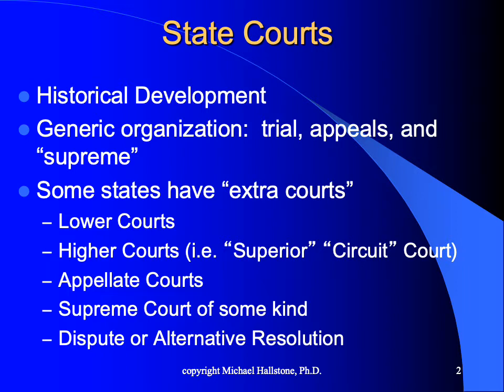The appellate courts are where you would, again, just as I said before, say, I was convicted in a trial court and they have violated my constitutional rights in some way, right? It's not like a second trial where the first court got it wrong, so I want a do-over.